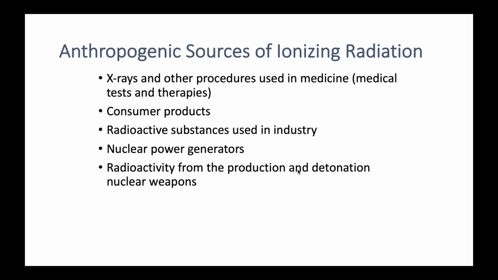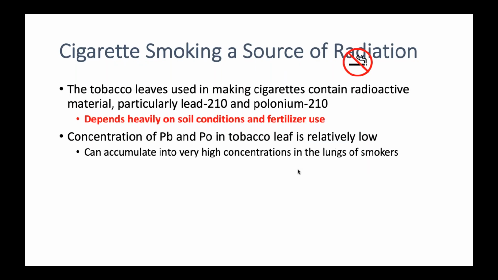Okay, nuclear power generated. Okay, radioactive from production detonation. They're radioactive from past radioactive sources. You know, you go out to Nevada to the test areas and so on. You'll know that there are areas out there that have some natural background radiation from sources and from releases in the past.